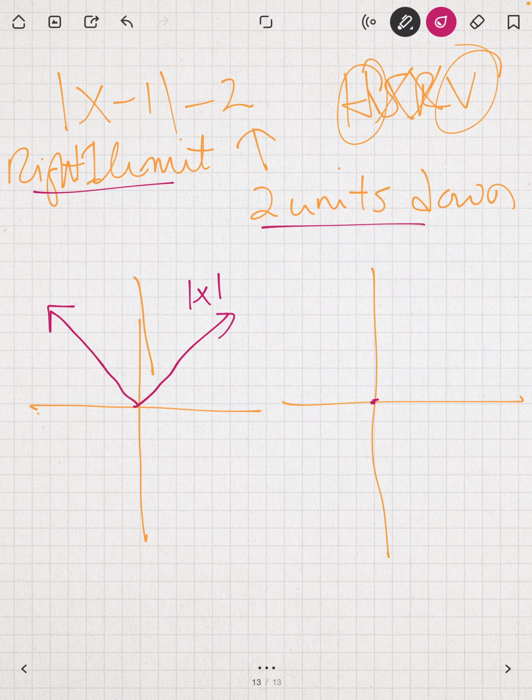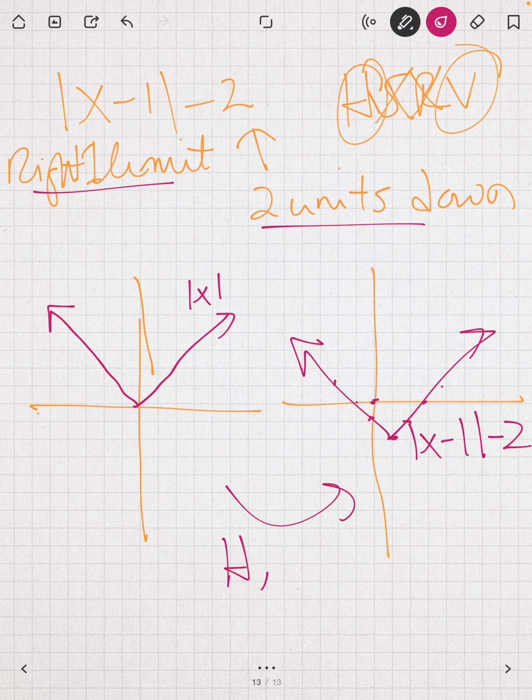So from here we go right 1, down 2. And we can put in some points. Here we have absolute value of x minus 1, minus 2. That's our H and V combination. And I'll do one more before we conclude.